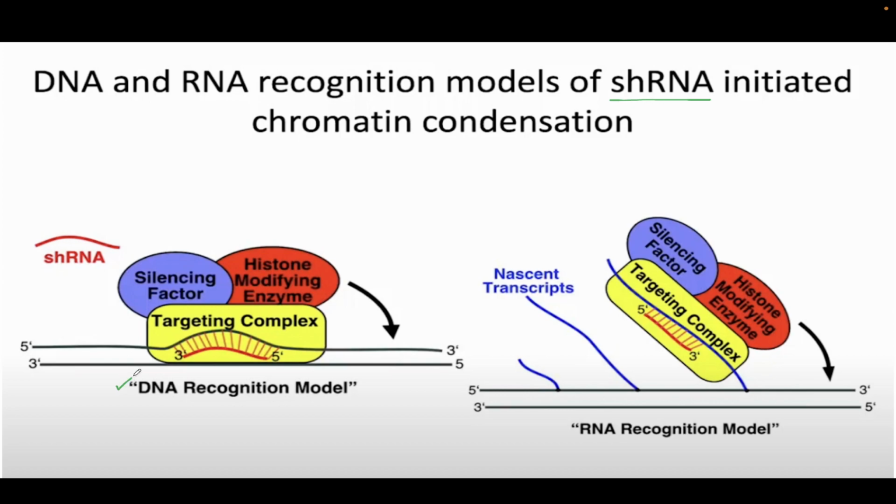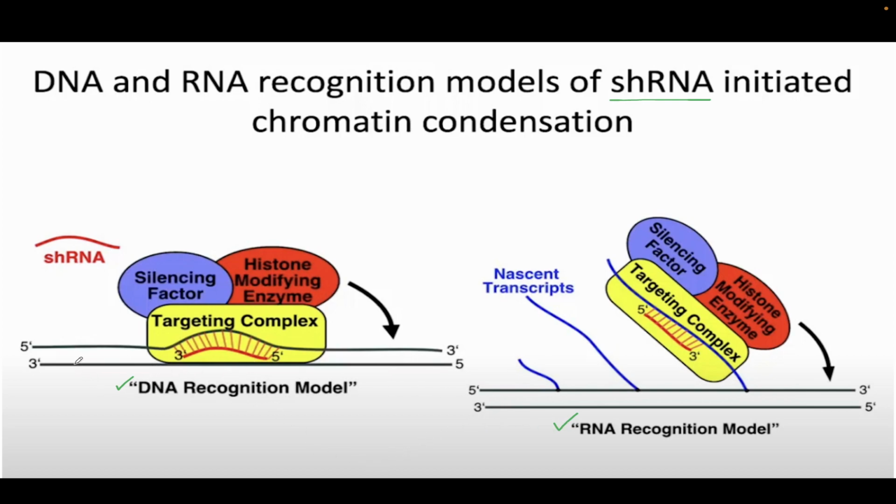One is the DNA recognition model, that means when shRNA interacts with DNA to silence that particular gene. Another one is the RNA recognition model, that means when the small heterochromatic RNA interacts with an RNA molecule to silence the particular gene at the RNA level. Here we are talking about the DNA level, and here it is the RNA level.